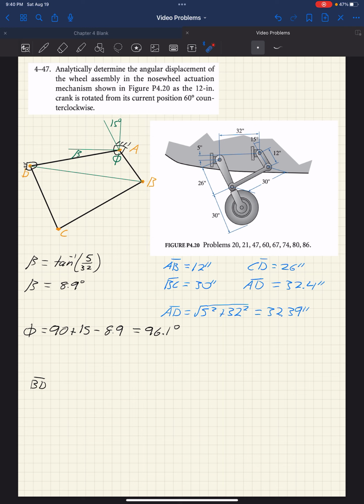The law of cosine being a squared is equal to b squared plus c squared minus 2bc cosine of angle A. So let's write that out. So law of cosine is a squared equal to b squared plus c squared minus 2bc cosine angle A.